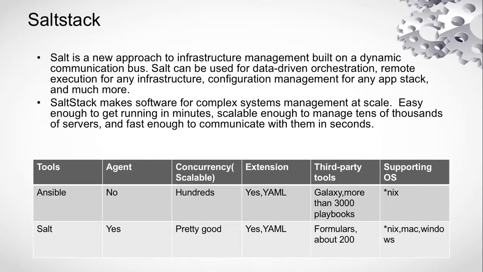The biggest difference between Ansible and Salt is that Salt has an agent and Ansible does not. In terms of scalability, Ansible is fine for typical workloads, but Salt can run over thousands of nodes. They both have great extensibility, and the third-party tool of Ansible is Galaxy. There are more than 3,000 playbooks, but Salt uses formulas, and there are only about 200.